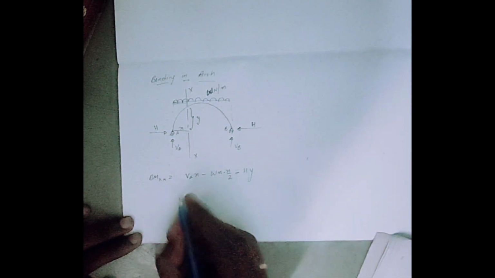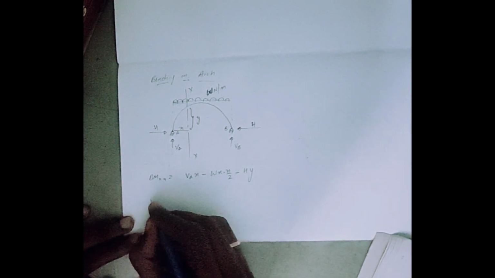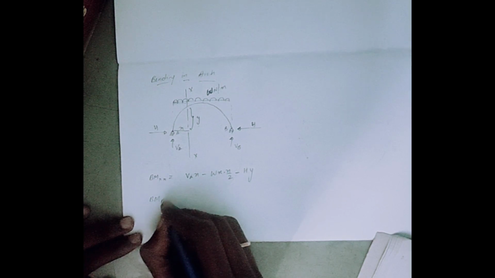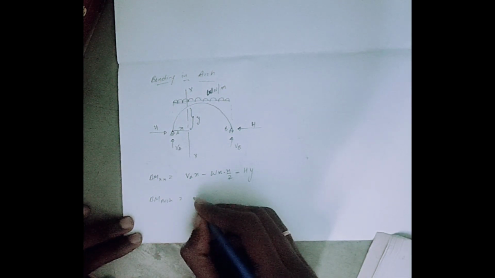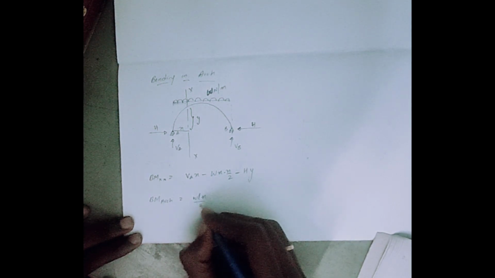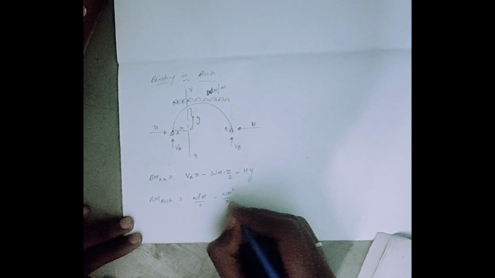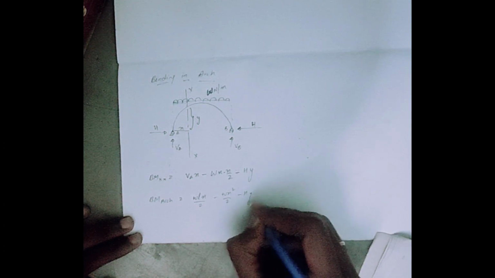So the bending moment of an arch is equal to WLx by 2 minus Wx square by 2 minus Hy.